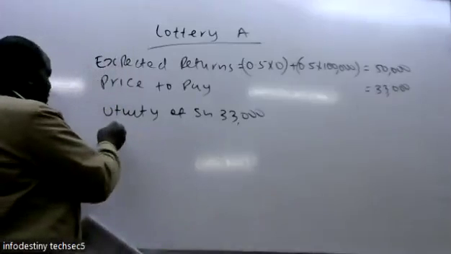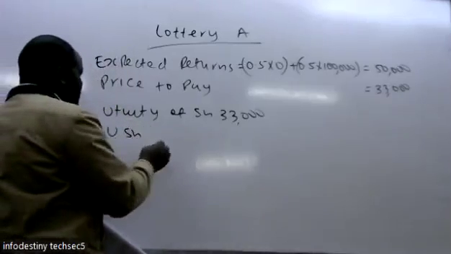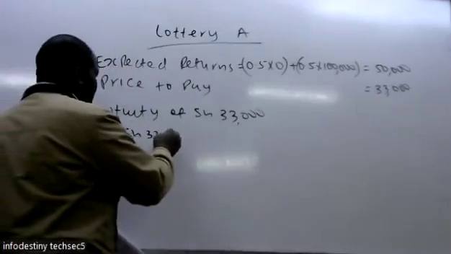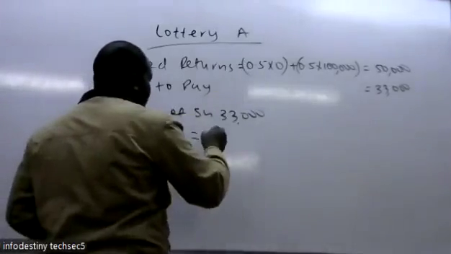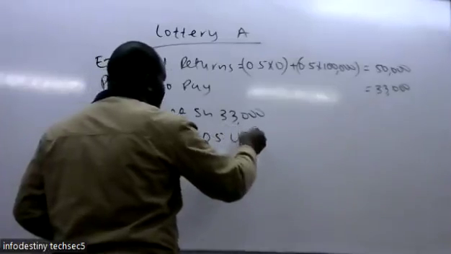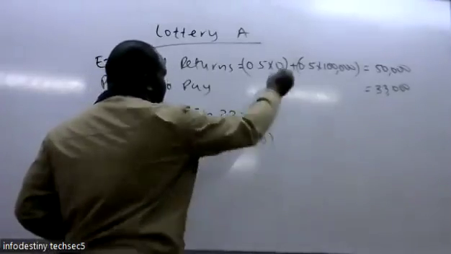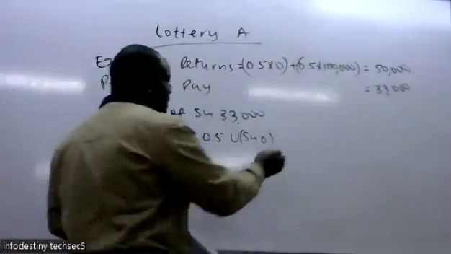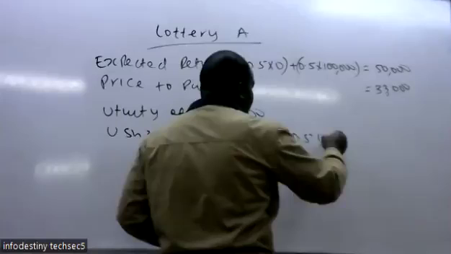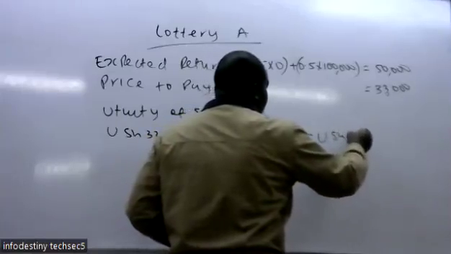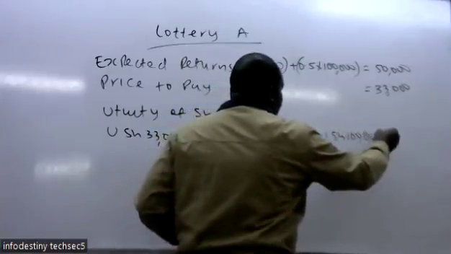So we want to get the utility of shillings 33,000. It will be equal to 0.5 of the utility of receiving 0 shillings, plus 0.5 of the utility of receiving shillings 100,000.